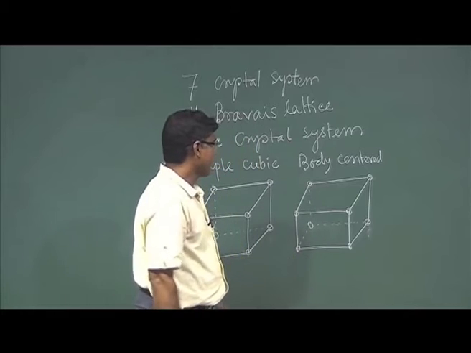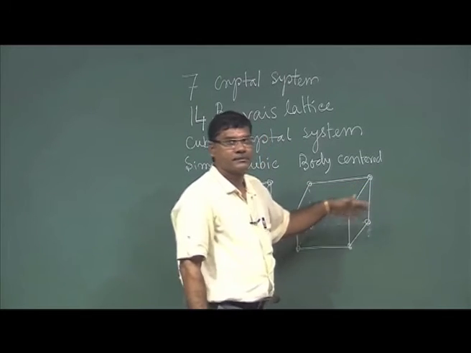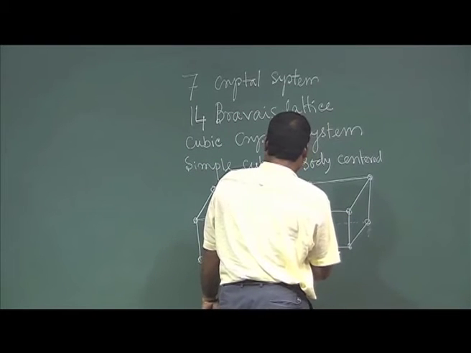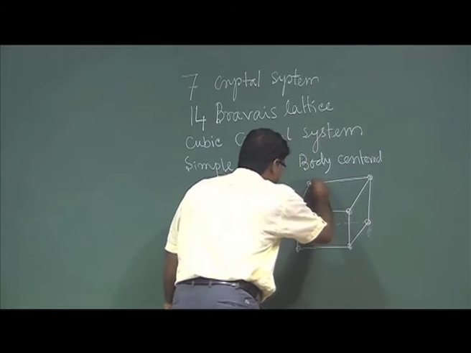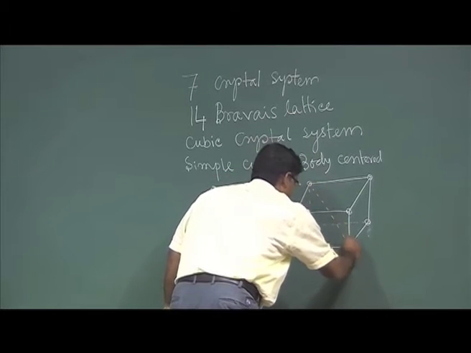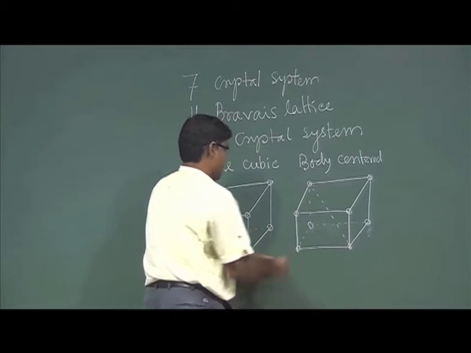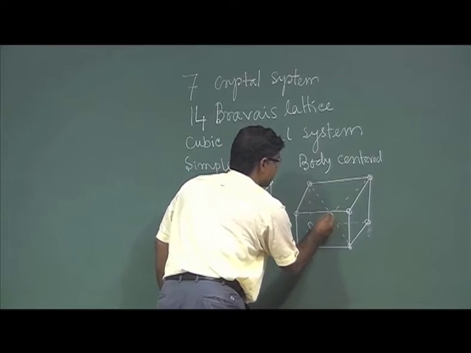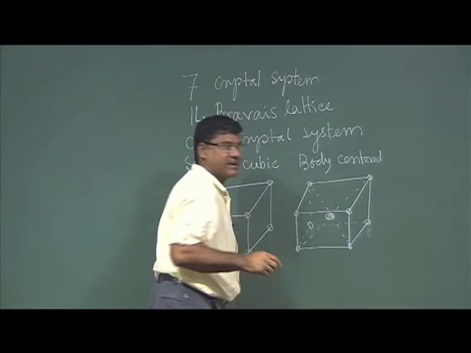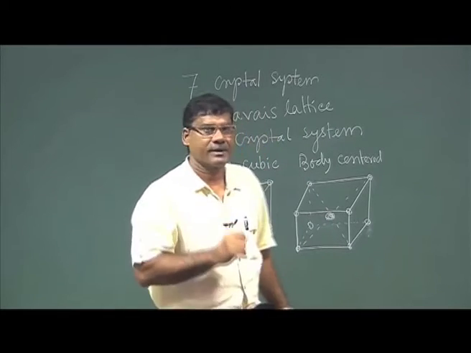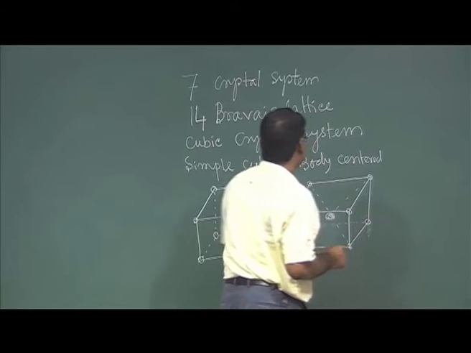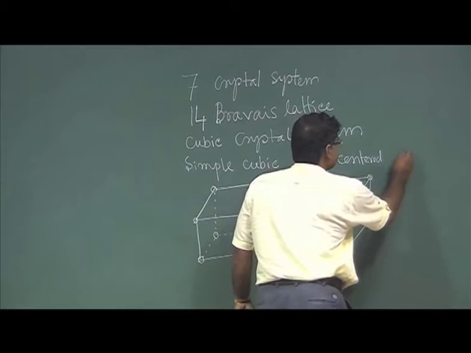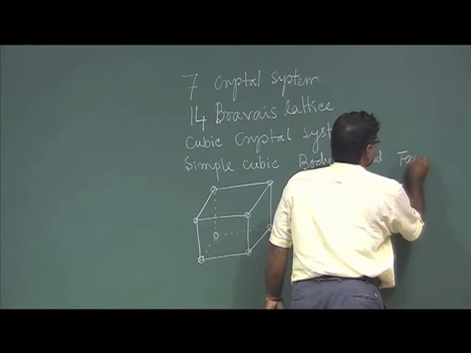In addition, along the body diagonal, there is one more lattice point. So, here there is an additional lattice point. This is the body centered cubic crystal.